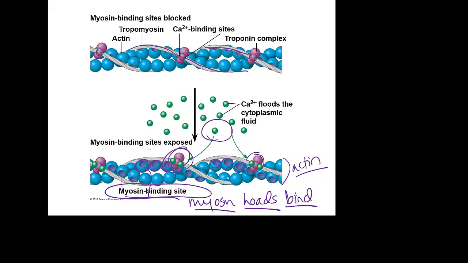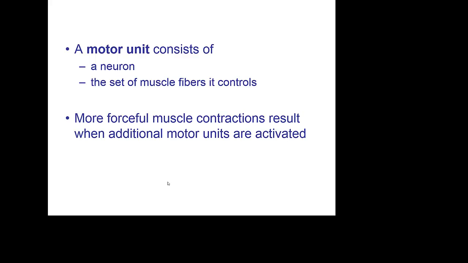So we're using calcium to get that tropomyosin out of the way so that we can open up the space for the actual myosin heads to bind. And the only reason this happens is because of motor units.